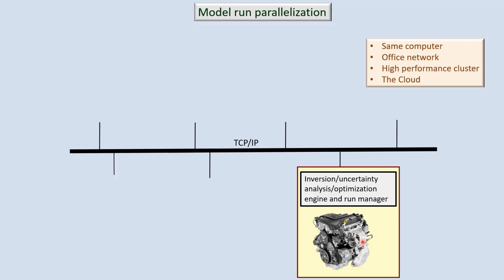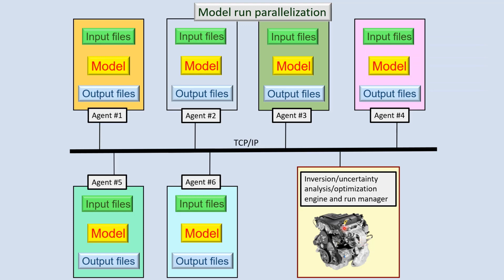Inside this dancing partner program is the algorithm which does the history matching. Also is a run manager. The actual model runs are carried out by so-called agents. These agents communicate with the manager, which holds the algorithm for which the program was built, that is the inversion algorithm, the uncertainty quantification algorithm, and code that conducts model runs.